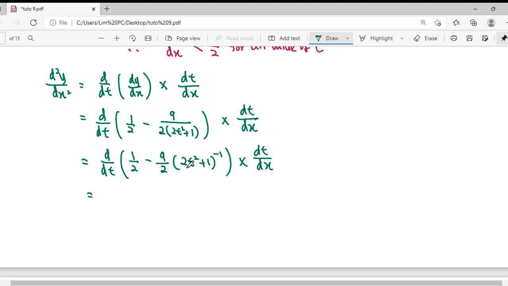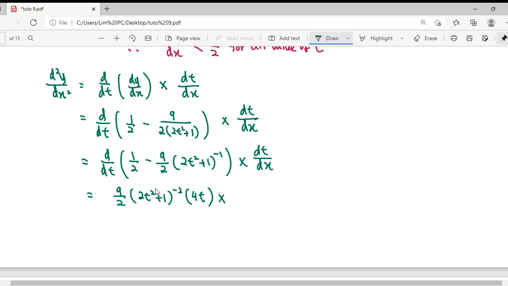Differentiating this bracket, we use the power rule. The power moves to the front, I get 9 over 2, power minus 1, we get negative 2. Then differentiate inside the bracket. Inside the bracket we have 2t squared, so the power moves to the front, power minus 1. Then differentiate 1, we get 0. So this is our dy/dx differentiation.